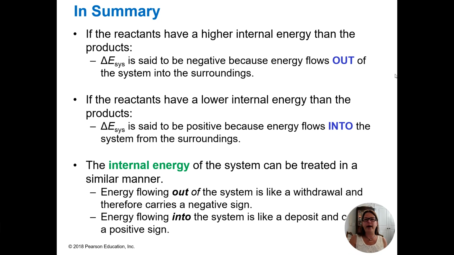When you have a negative delta E, what that means is energy is flowing out of the system into the surroundings. Remember, we have the system, we have the surroundings, and then we have the universe.